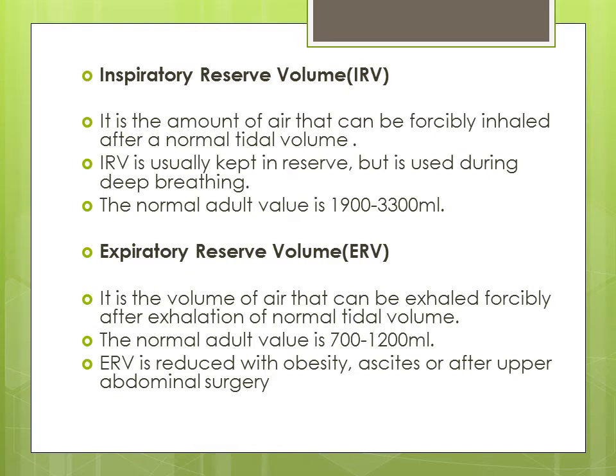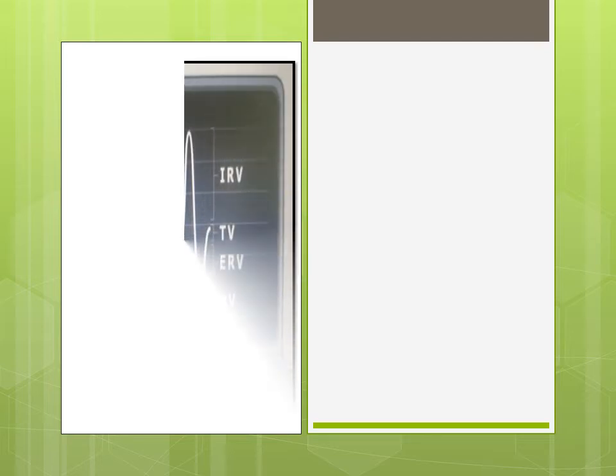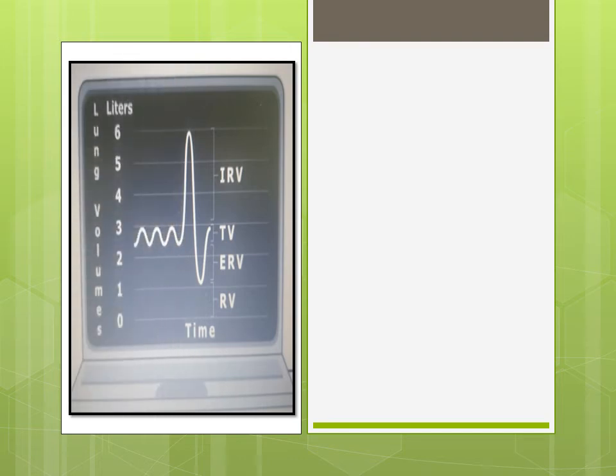Lastly we have the residual volume to discuss, which is the amount of air remaining in the lungs after an expiratory reserve volume. In the picture it is very clear, we have the three fluctuations in the initial section, that is the tidal volume. Then we have a peak of the inspiratory reserve volume, slowly coming down, then an area for the expiratory reserve volume.